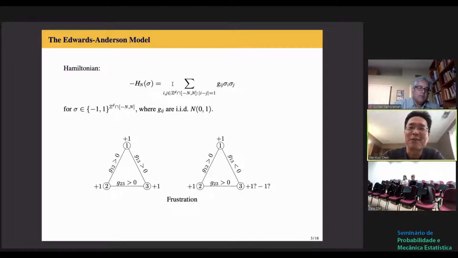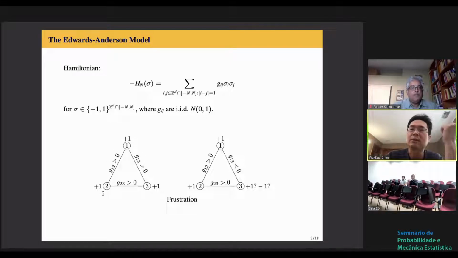Here I'm going to look at the maximum of the energy. So if I look at the maximum energy, then here is 1 and this is positive, so of course I want to put 1 in order to increase the value. And then similarly, since this is positive, 2 is better put up, in order to maintain that everything is positive. And if you go this way, that is also fine because this is positive, then here is 1.